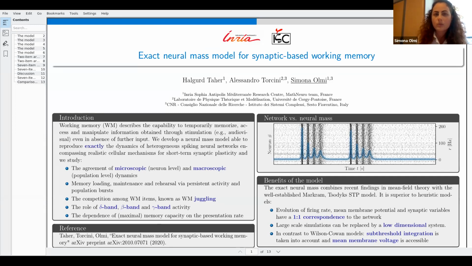In contrast to the well-known heuristic neural mass models that are usually used, it will allow us to show subthreshold integration, which you will see is very important when retaining and loading the items. And most importantly, it gives us the mean membrane potential, so it allows us to describe the evolution of the mean membrane potential that we can usually relate to experimental signals like EEG and so on.